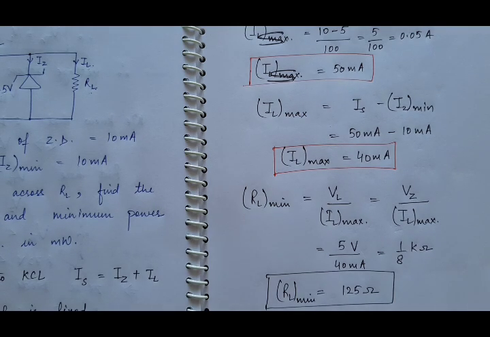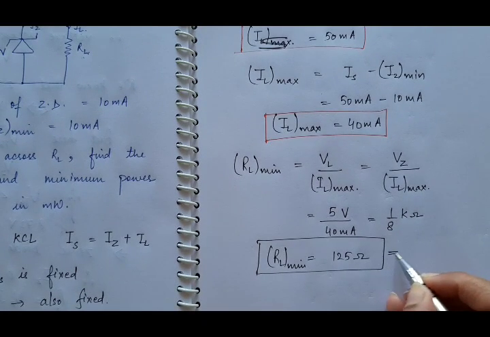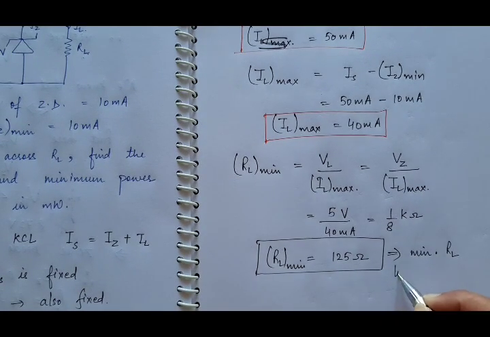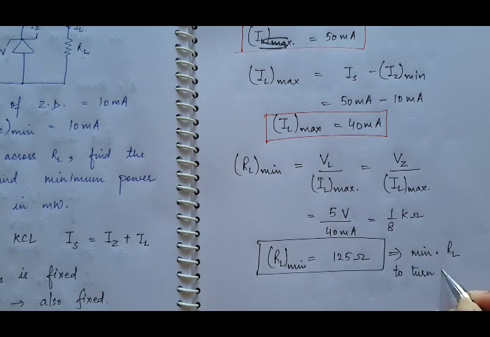When the load resistance is less than 125 ohms, the Zener diode will remain off, and when the load resistance is greater than or equal to 125 ohms, the Zener diode will turn on. So this is the minimum RL to turn on the Zener diode.